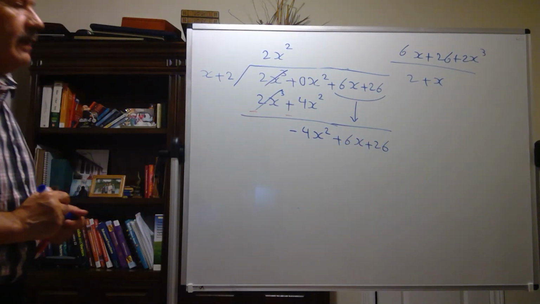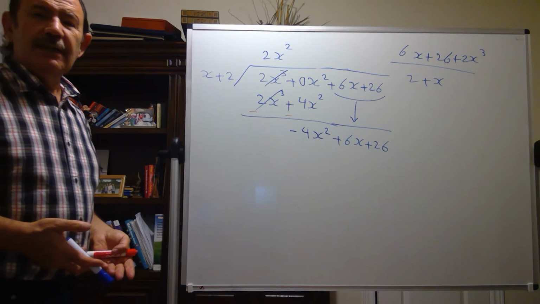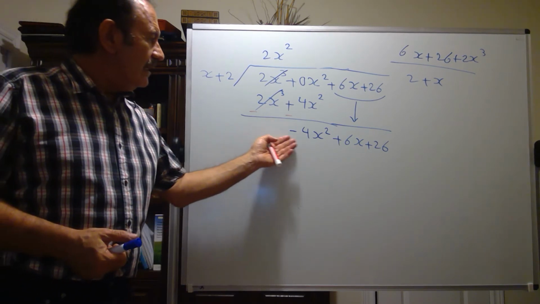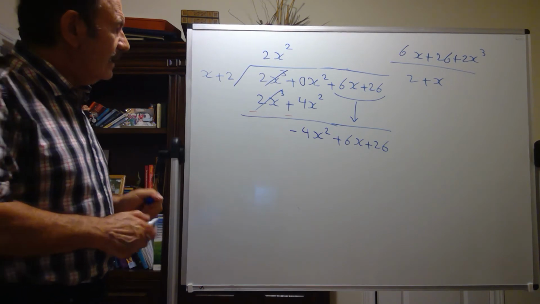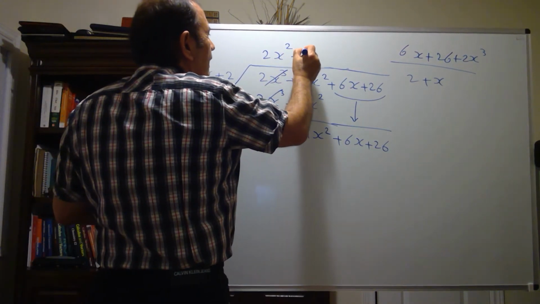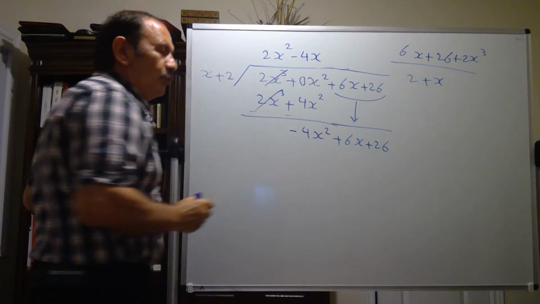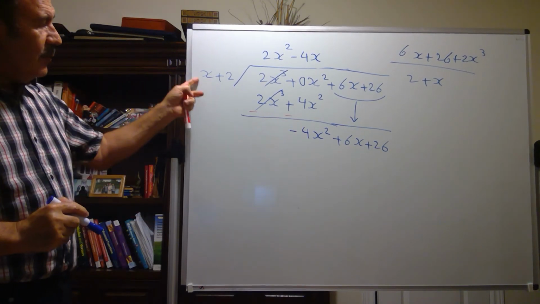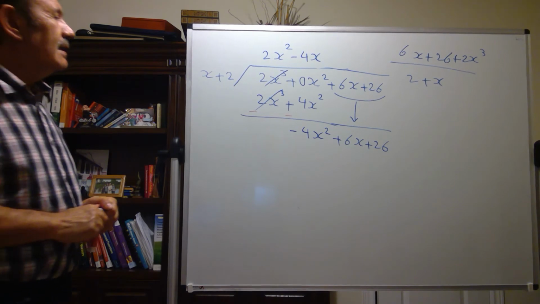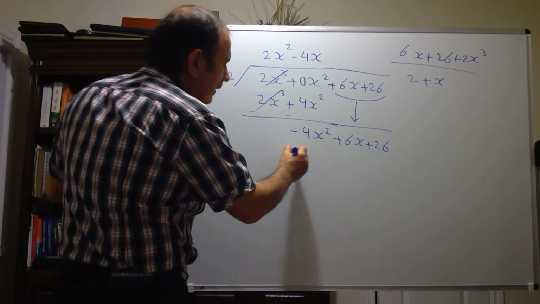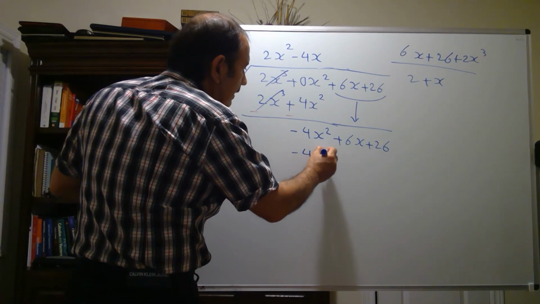Okay, now start the procedure from the beginning. Negative 4x squared divided by x is going to be negative 4x. Multiply negative 4x by the whole expression on this side. Negative 4x times x is negative 4x squared.